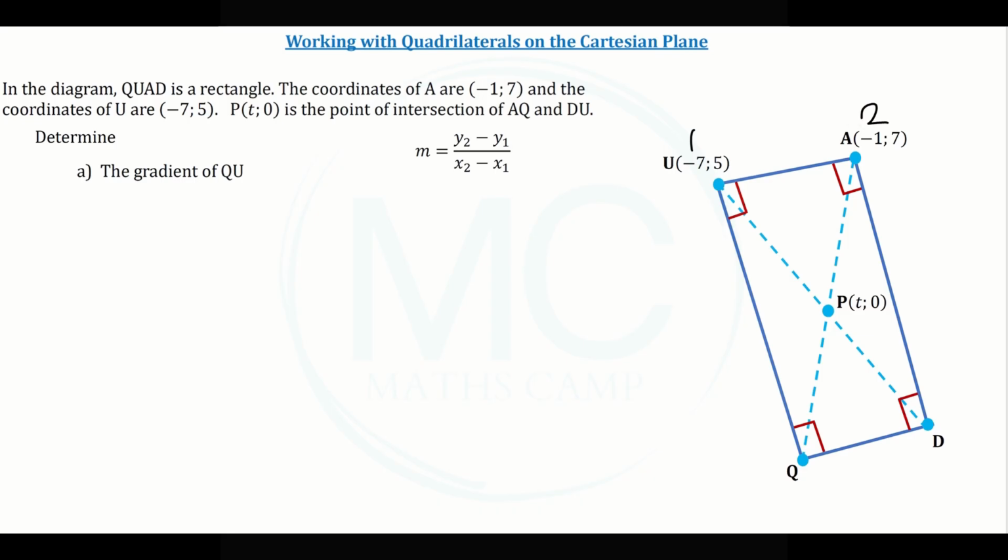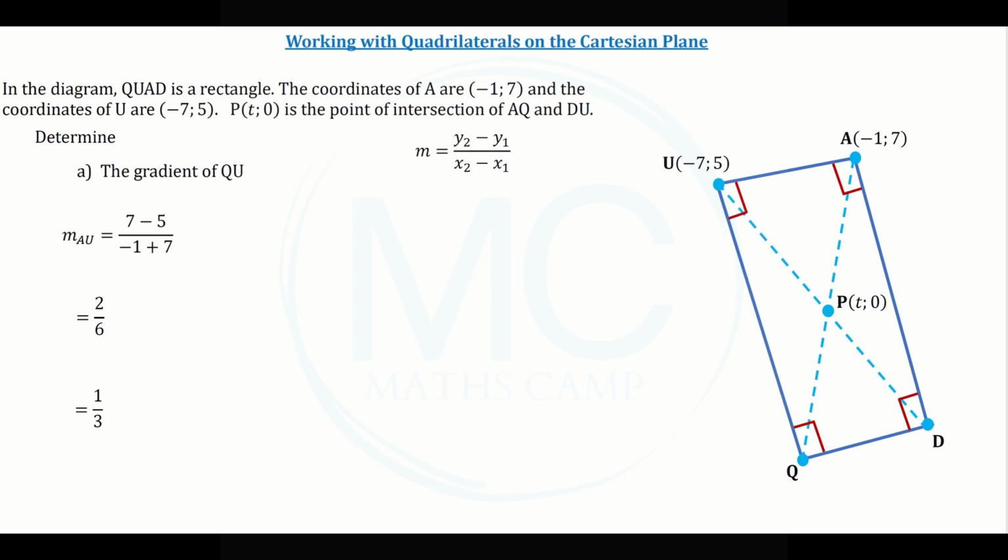So we can say the gradient m of AU is equal to the y coordinates, 7 minus 5, divided by the x coordinates, -1 minus -7, which becomes +7. 7 minus 5 gives us 2 over -1 plus 7, which is 6. Now we can simplify our fraction. 2 and 6 are both divisible by 2, and we get a fraction of 1 over 3.